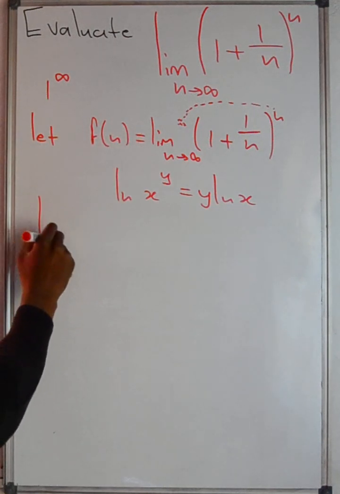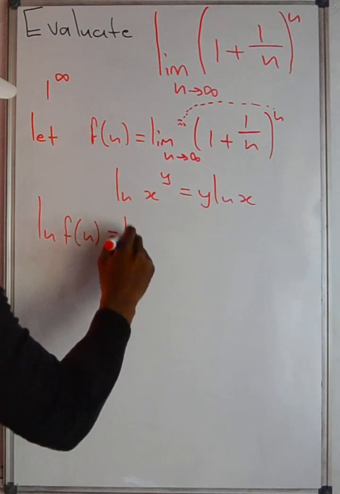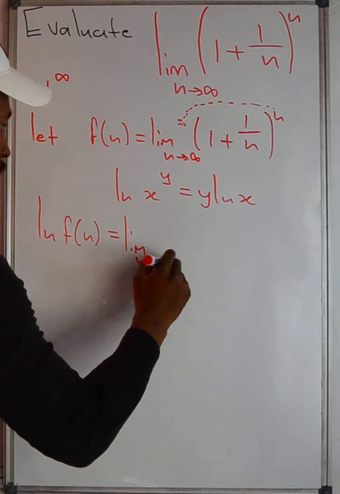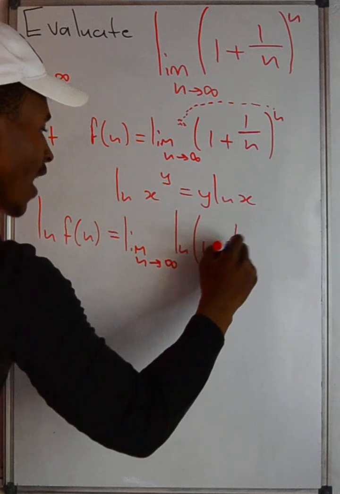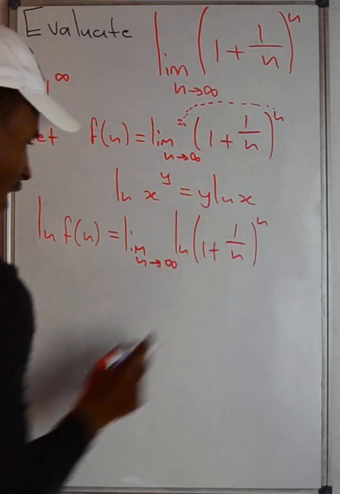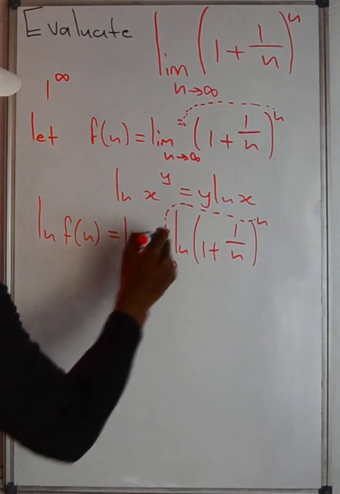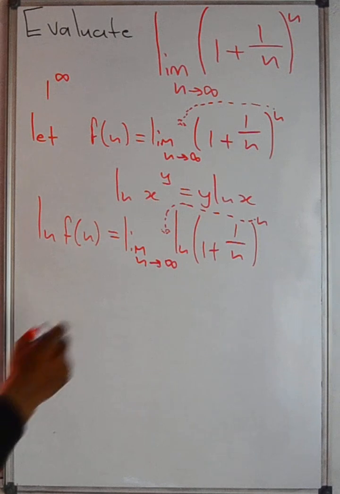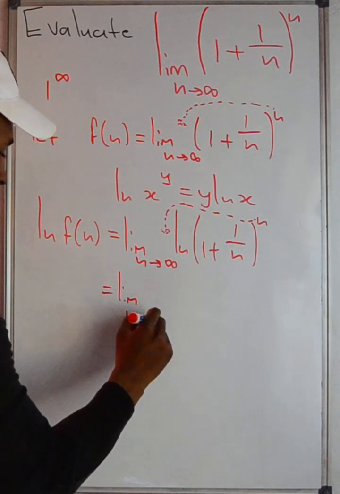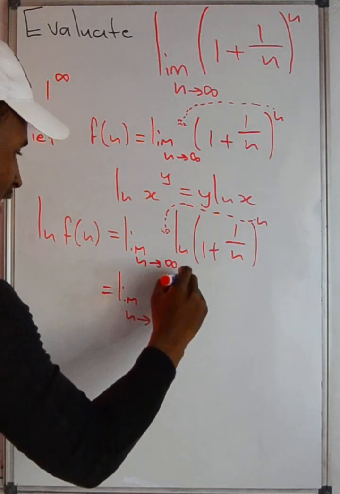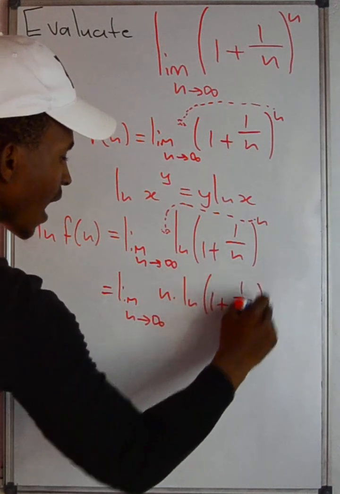So we are going to have ln of f of n, which is equal to the limit of n approaching infinity of ln of (1 plus 1 over n) raised to the power n. So this n will actually come somewhere here and multiply ln. So we are going to have the limit of n approaching infinity of n multiplying ln of (1 plus 1 over n).